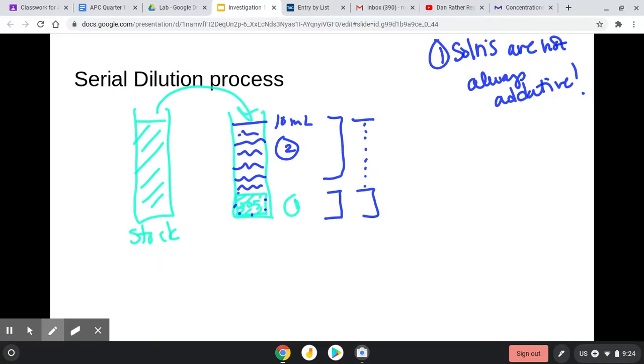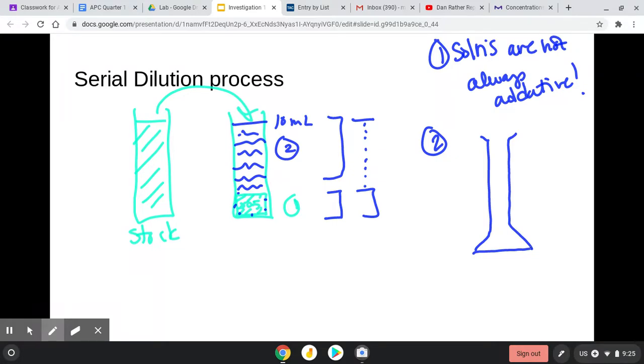So every time you do a dilution, you're going to dilute up to the mark you want. You're not going to measure out the water and the stock solution separately and mix them, because you might not end up with the amount that you want. Second, if you are measuring in a graduated cylinder, you can do this in a graduated cylinder, especially because we don't have any 10 milliliter volumetric flasks, and so we need to use another piece of glassware.